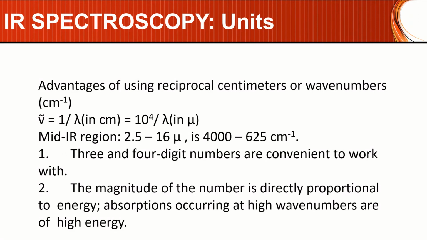So the advantages of using wave numbers, well, we have two advantages here. This conversion here was on the previous slide. We did mention the mid-IR region, what it is. We mentioned these two already. So what are the advantages? Well, 3 and 4 digit numbers are convenient to work with. It's easier to work with 4,000 to 625, right, versus 2.5 and 16 and even decimals and all that.